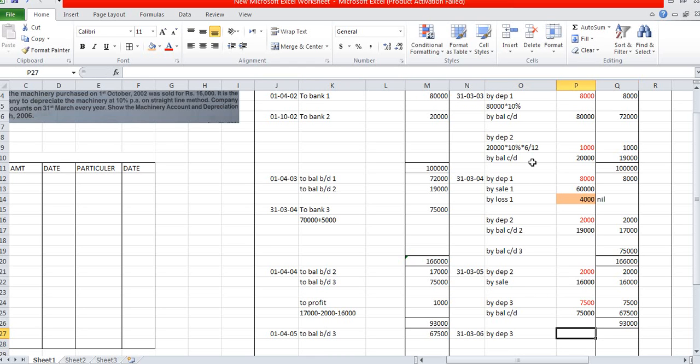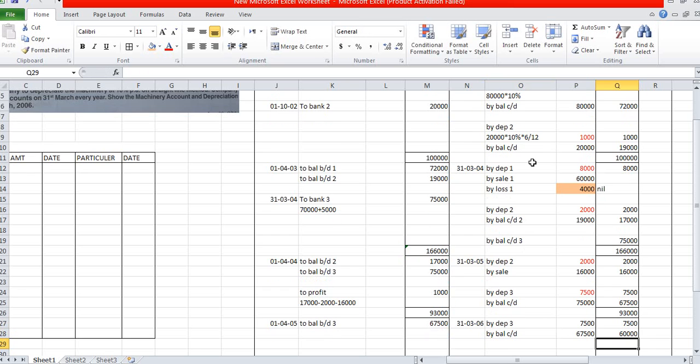How much is the depreciation? Directly you can take outside. 10% is 7,500. After deducting 7,500, by balance carried down, the amount is 60,000.